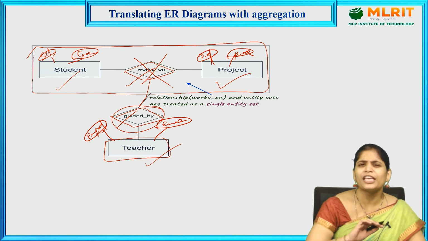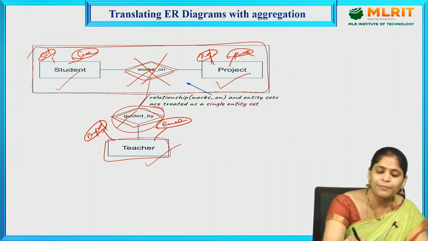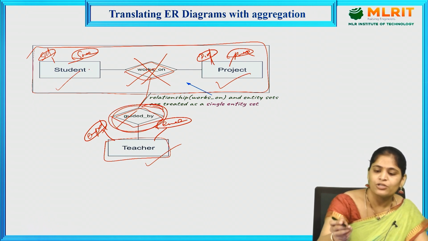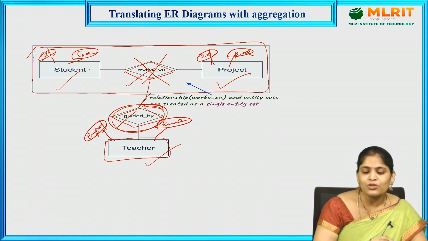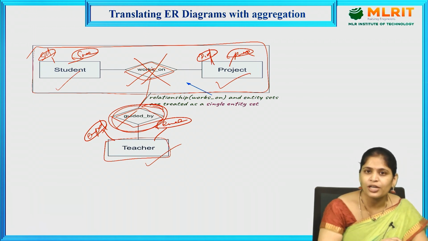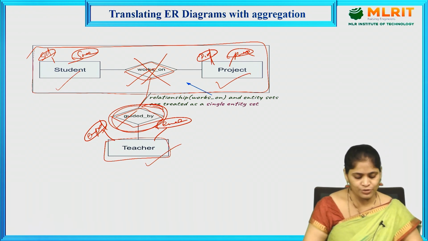That means we can ignore creating this works on table. Why? Because this guided by relationship actually contains the data of student and project. So obviously, why unnecessarily create the works on relationship table? It's a waste of space, right? So in this way, we can reduce the number of tables by considering our relationships also.